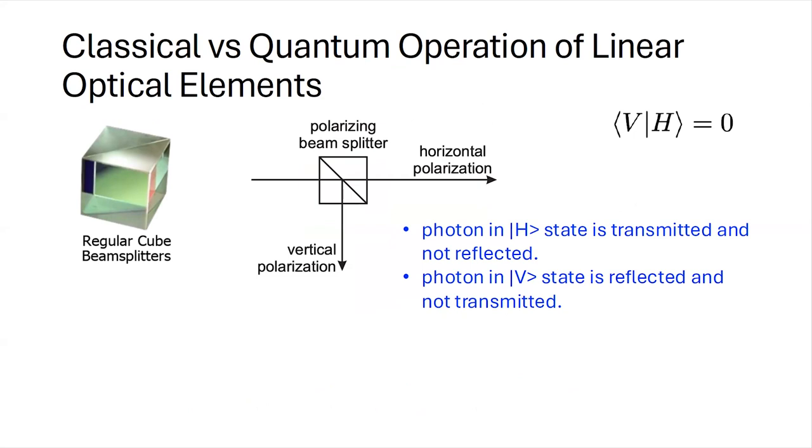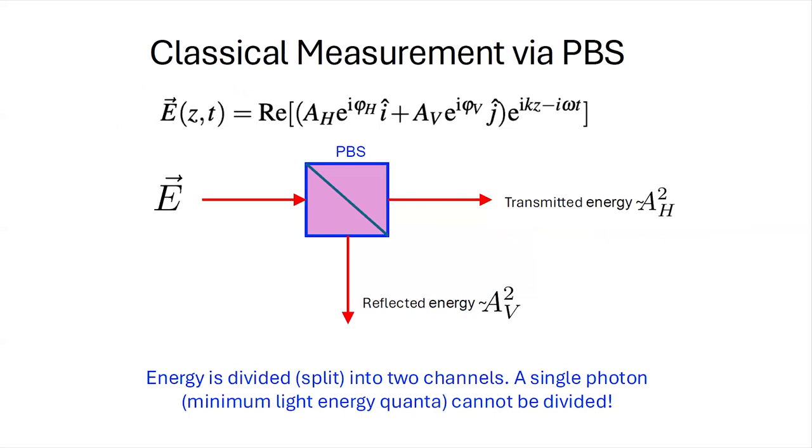A classical signal can be found in both arms simultaneously, but a quantum photon can be found either here or here. It cannot be found in two. You cannot split a photon. And this allows us to do quantum operations even with a simple beam splitter.